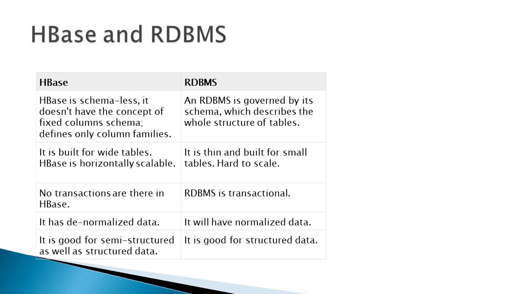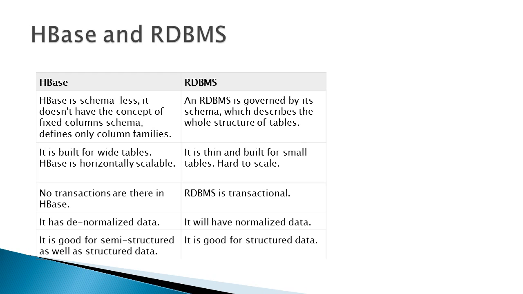And next, HBase and RDBMS. HBase is schema-less, whereas RDBMS is schema-oriented. HBase is built for wide tables, whereas RDBMS is thin and built for small tables, hard to scale. HBase is horizontally scalable. No transactions are there in HBase, whereas RDBMS is transactional.